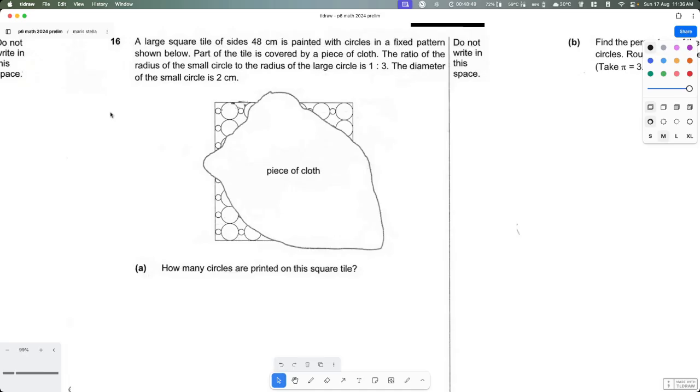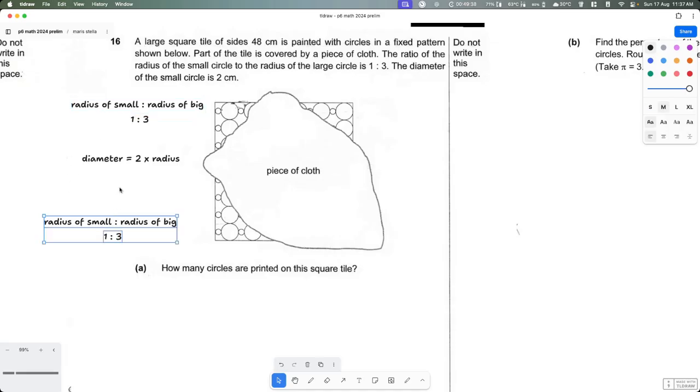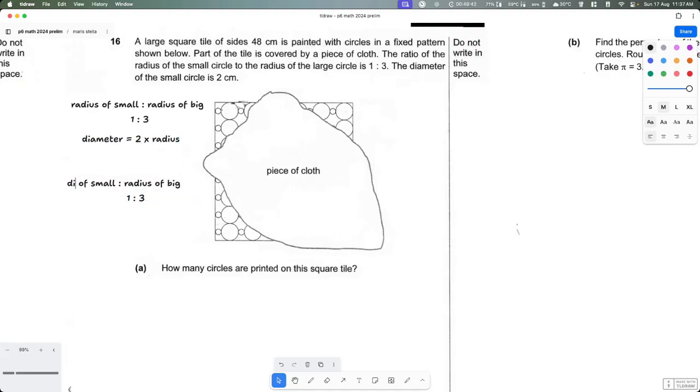Okay, first, the radius of the small circle to the radius of the big circle is 1:3. Because diameter is equal to 2 times radius, that means the diameter of small to the diameter of big is still 1:3.